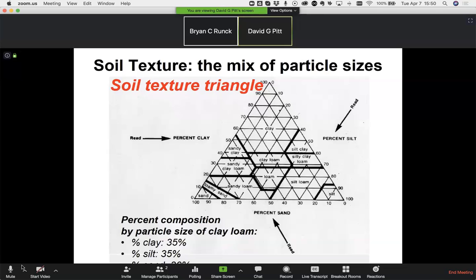This then we characterize as a clay loam. It contains roughly 35% clay, 35% silt, and 30% sand.